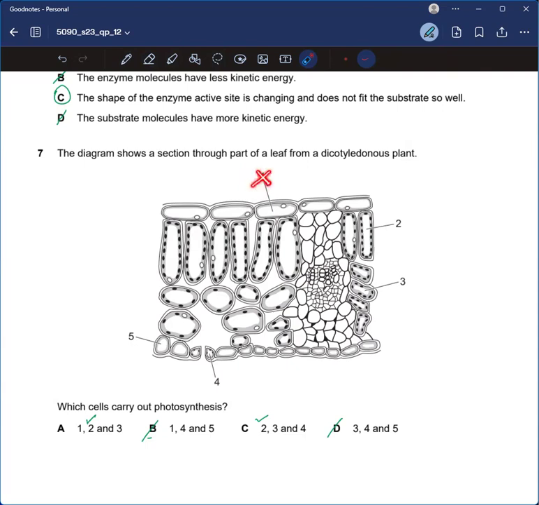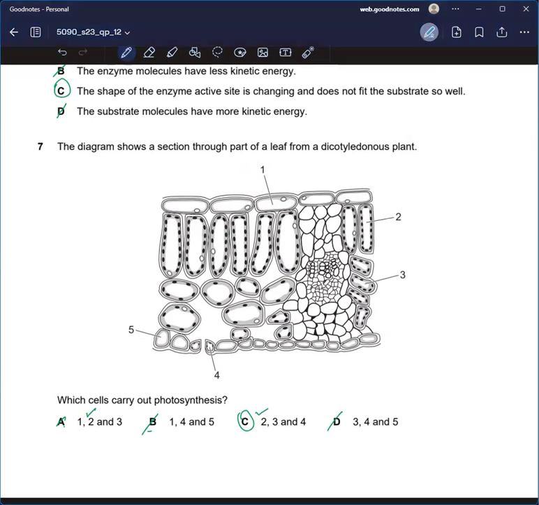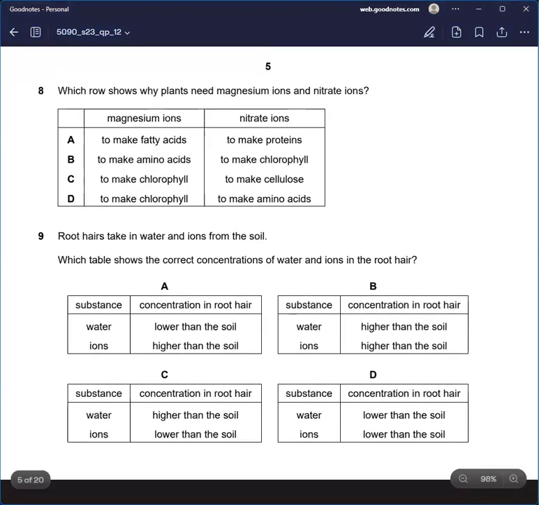So 1 would be incorrect, and A would also be cancelled out. The remaining option is C, but still I will check the numbers given. The numbers left are 3 and 4. 3 is spongy mesophyll, and 4 is the palisade cells. So yes, they do participate in photosynthesis.